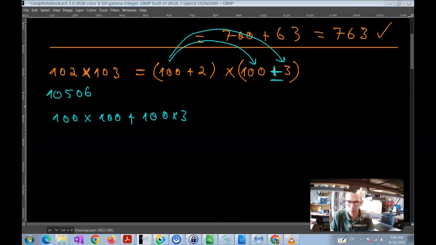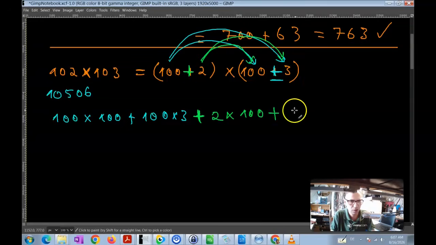And then we have another addition over here. And now I can distribute 2 over these two numbers. I can say 2 times 100. I can add to this the 2 times 100, and then again add to that the 2 times 3.